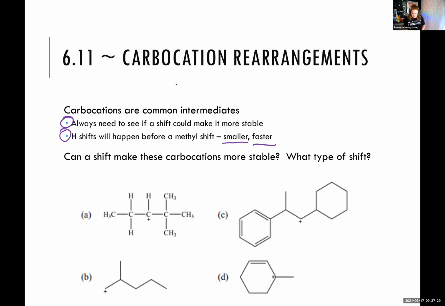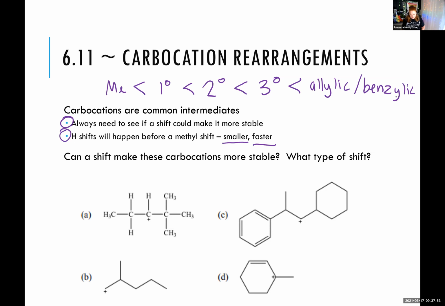Now, we talked about the fact that methyls are the least stable, then primary, then secondary, and then tertiary. There is a group up here, though, that's more stable than tertiary carbocations, and this is when we have resonance. So if we have allylic or benzylic carbocations, allylic would be next to a double bond, and benzylic is next to a benzene ring.